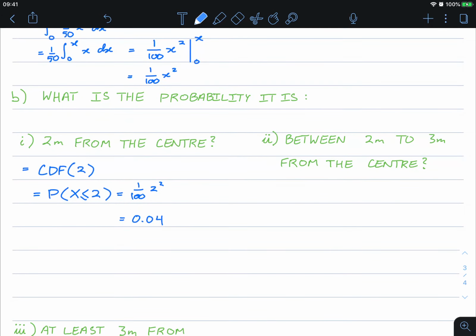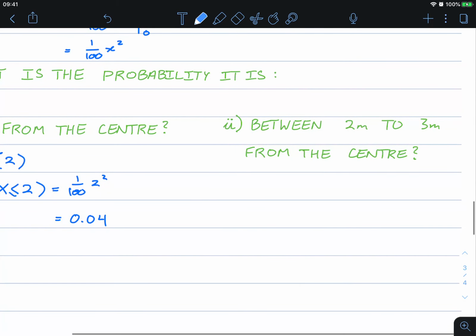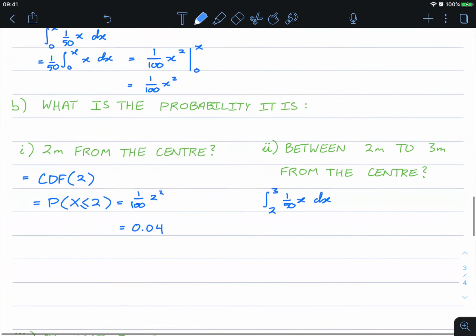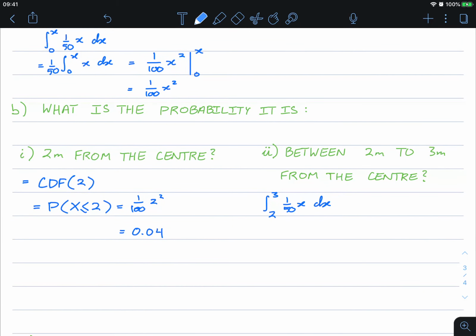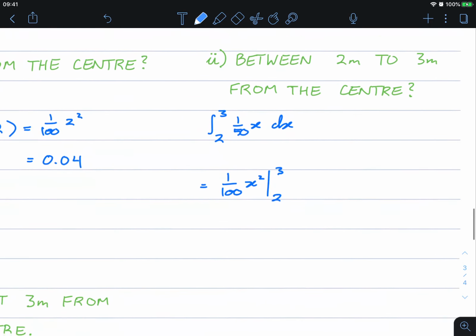What is the probability it is between 2 to 3 meters from the center? That's the same as the integral from 2 to 3 of the function 1 on 50 x. You could integrate it again like so, but since we already have the integral, that's the same as 1 on 100 x squared from 3 to 2.